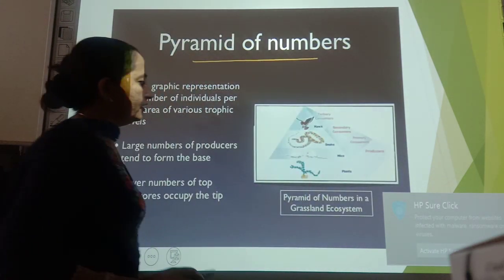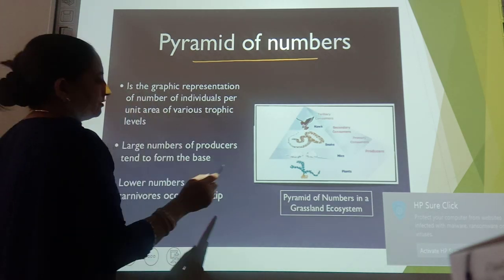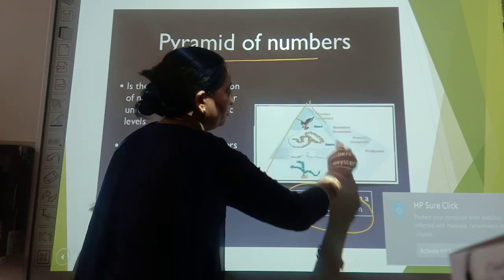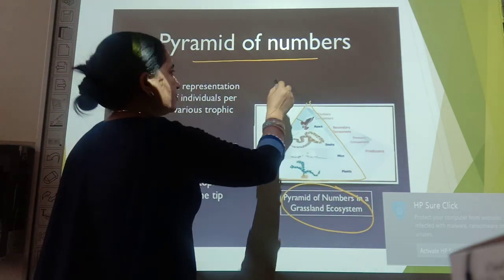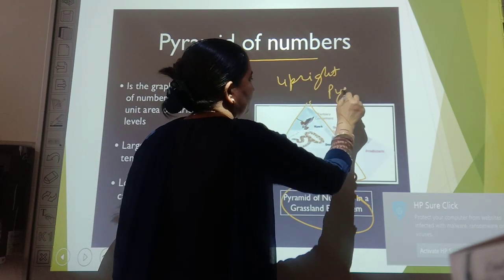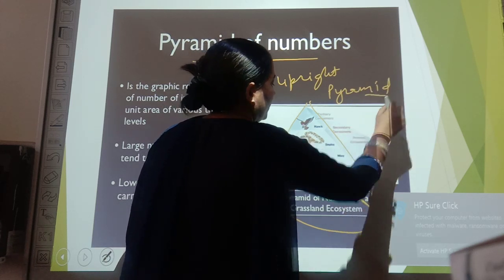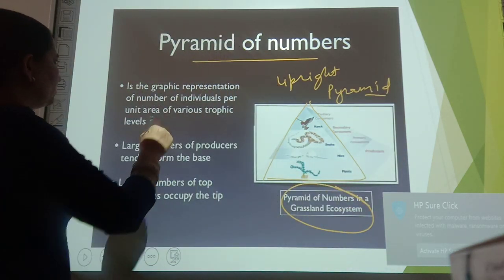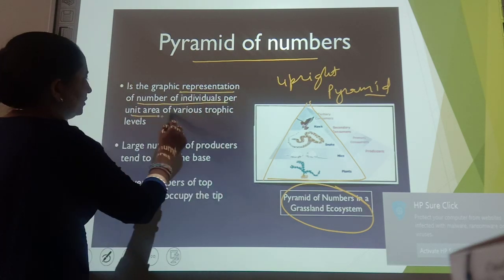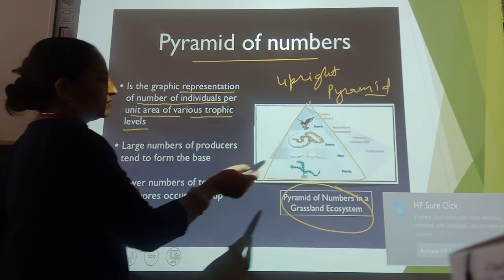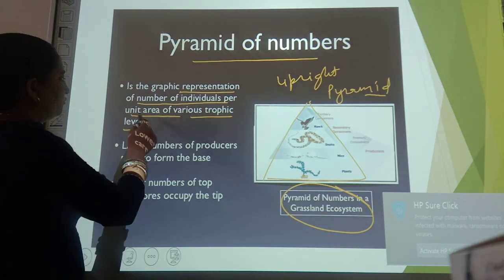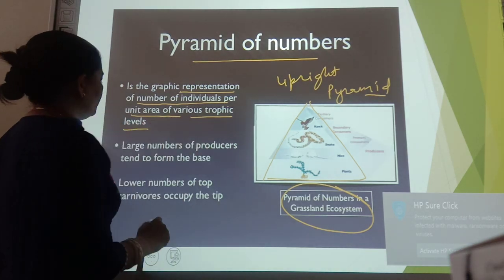In the pyramid of number, in a grassland ecosystem, you can see the pyramid of number is upright in shape. An upright pyramid is formed in a grassland ecosystem. This is the number of individuals per unit area of various trophic levels.